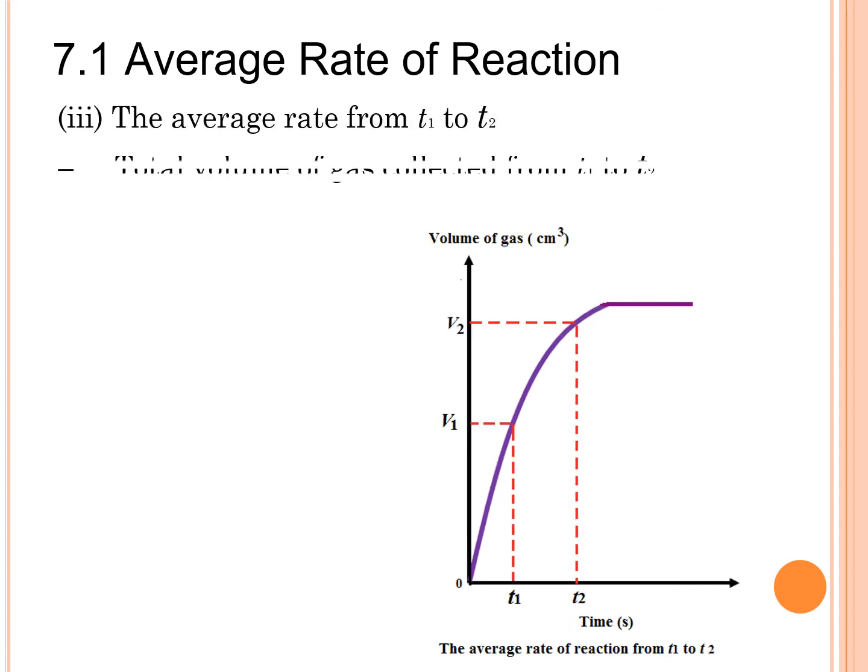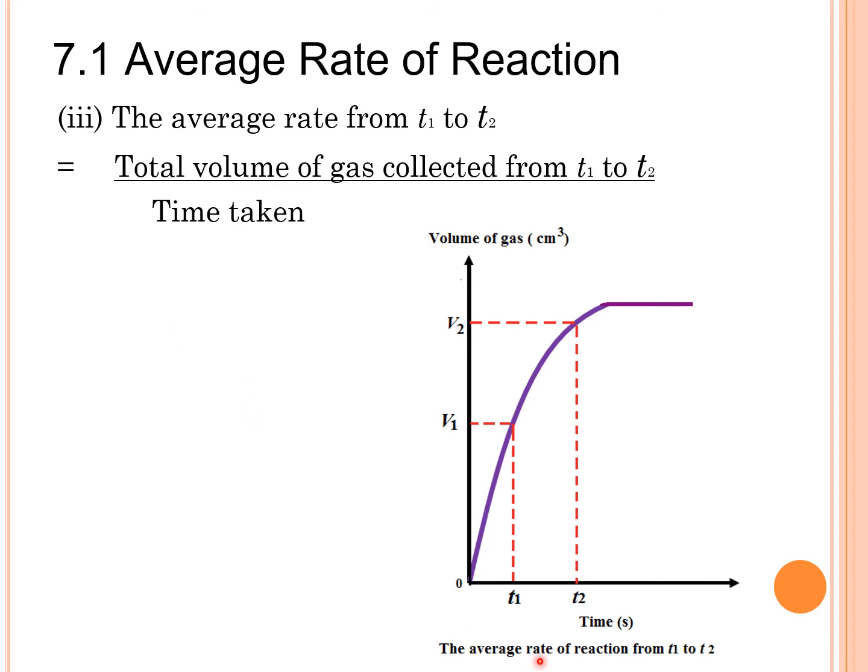Okay, yang ketiga, the average rate of reaction from T1 to T2. Dia bagi range masa. Dia kata pada saat ke-10 hingga ke-20. Apa nak buat? Okay. First kali dalam graf, you tarik. Kalau T1 tarik ke atas, tarik ke y-axis untuk dapatkan nilai V. Kita letak sebagai V1. T2 juga, awak tarik ke atas dan ambil nilai sebagai V2. Okay, sebenarnya kita nak average rate of reaction sepanjang garisan ni secara purata.